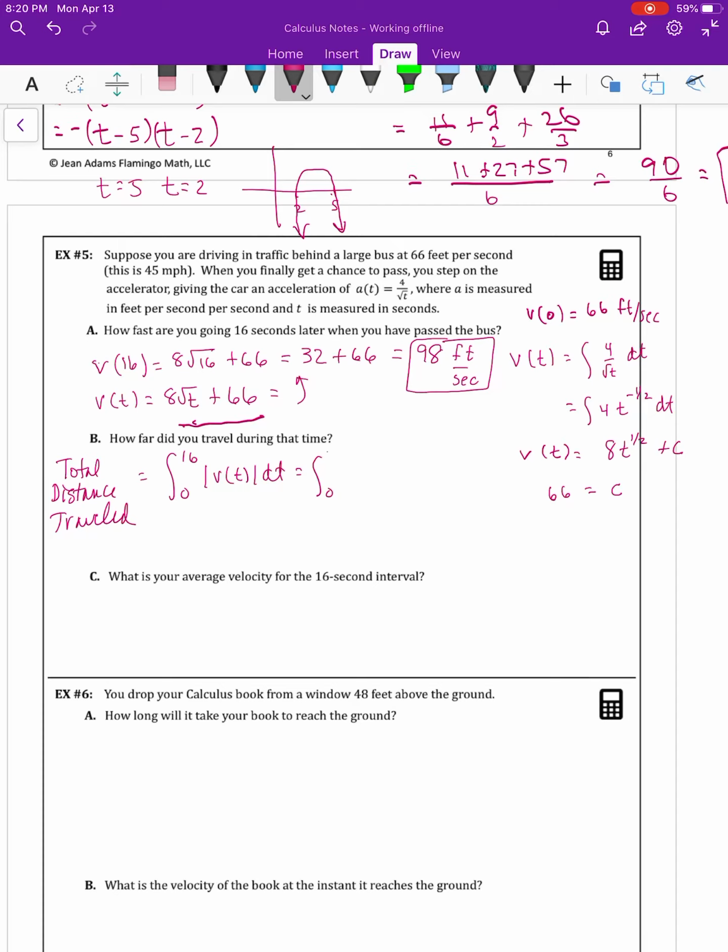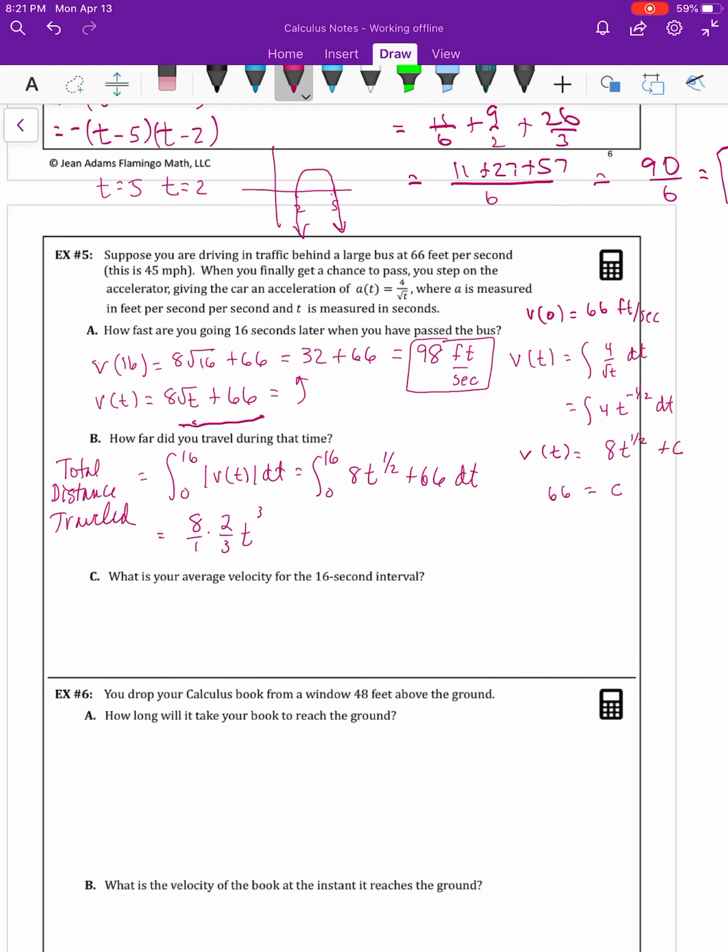Since I know that this square root function plus 66 is always above the x-axis, that's going to just be the integral from 0 to 16 of 8t^(1/2) plus 66 dt.